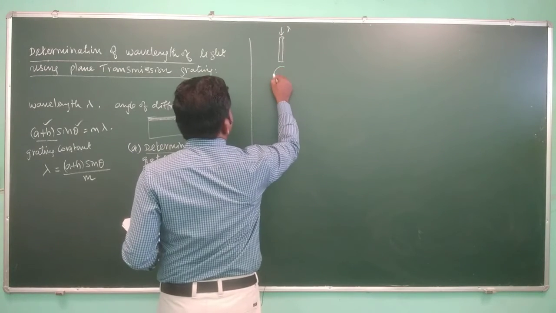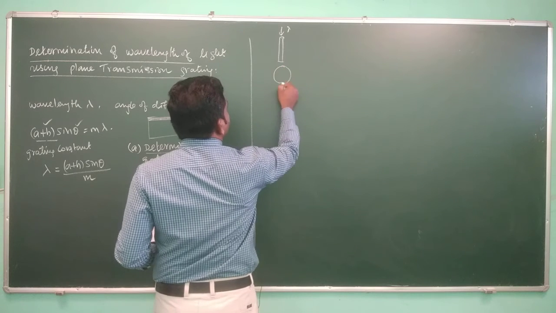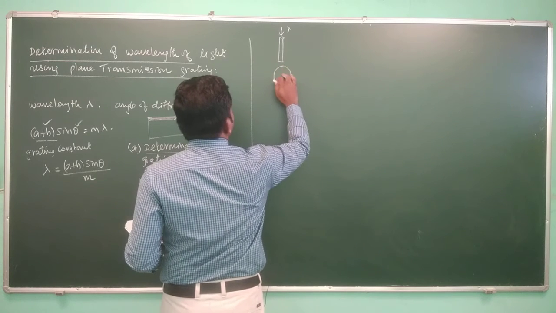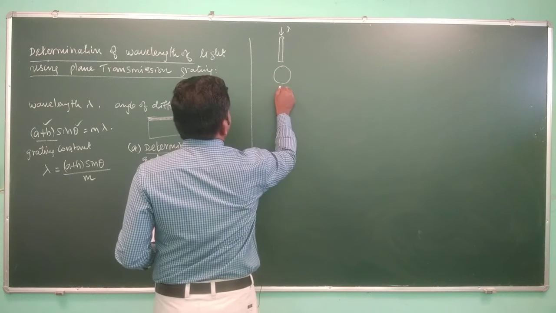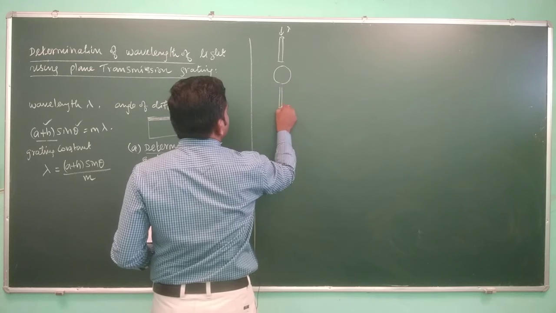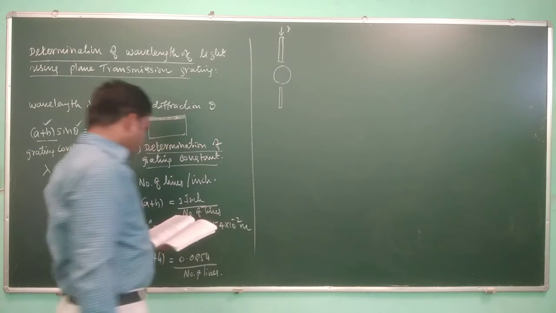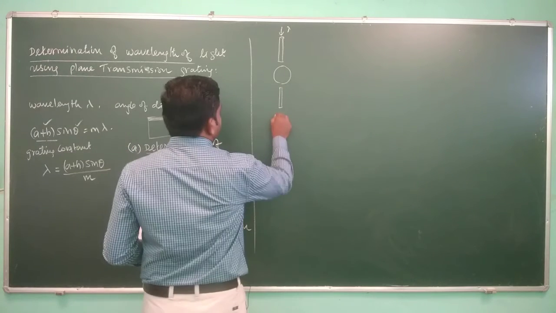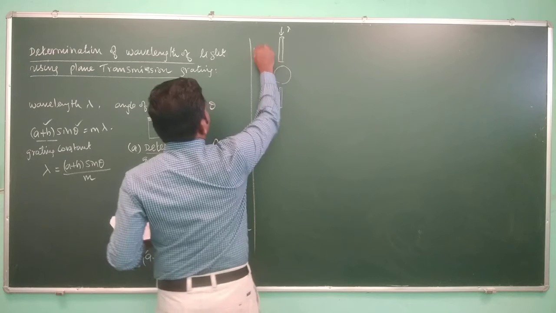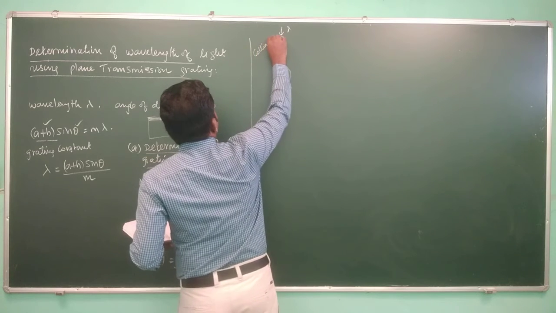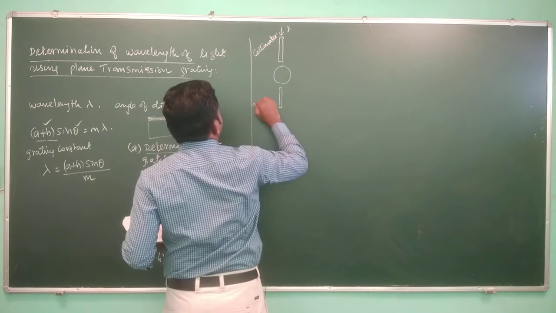Then the prism table is here. Now case 1, right? This is the collimator, and this is the telescope.